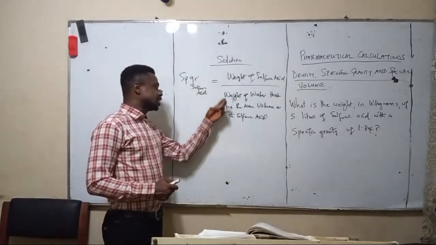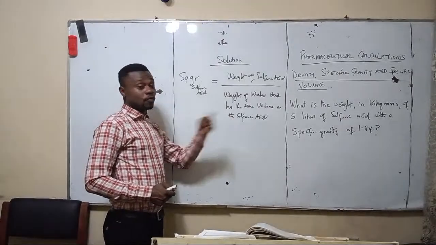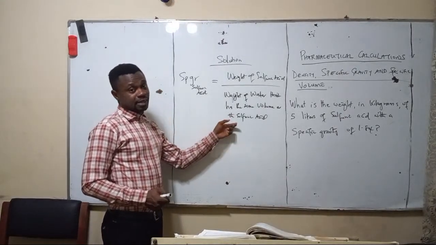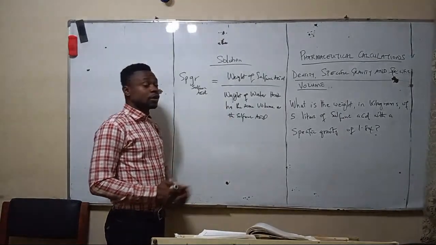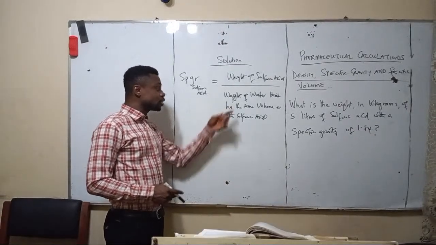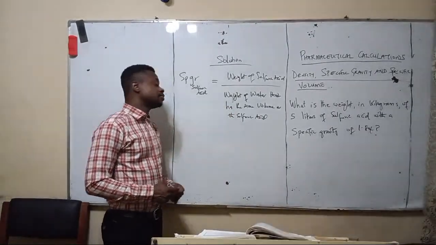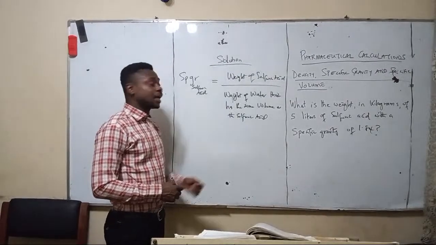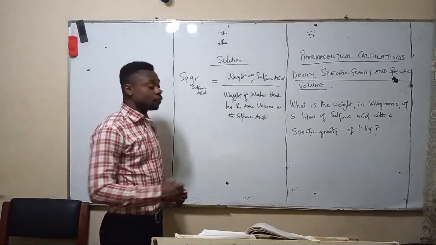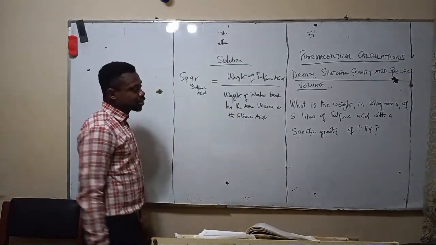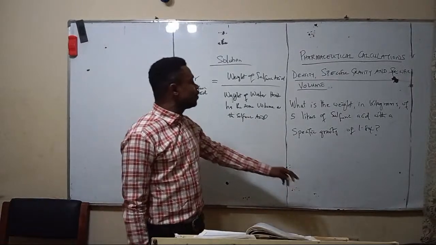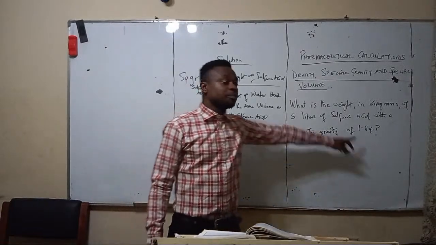This can also be called the weight of equal volume of water. Now from here we can solve this question. We are given the specific gravity of sulfuric acid as 1.84.